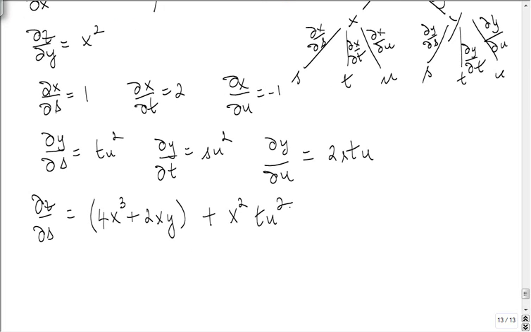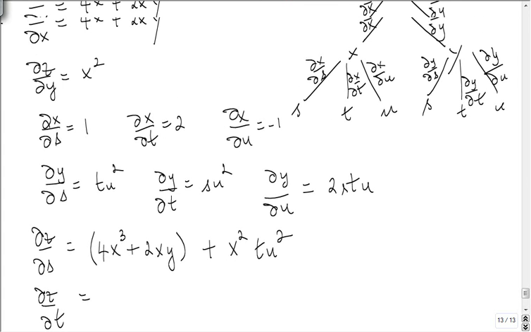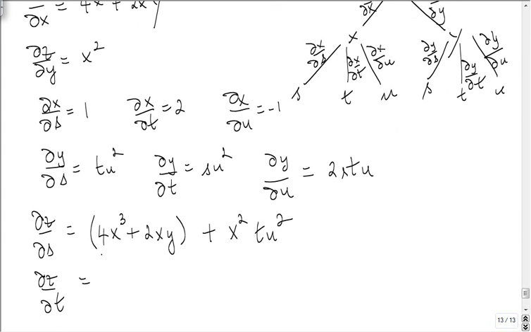We're going to find some actual values. The next one we need is partial z with respect to t. So again, follow the drawing. We need the same 4x cubed plus 2xy times partial x with respect to t, which is 2, plus x squared times partial y with respect to t, which is su squared.